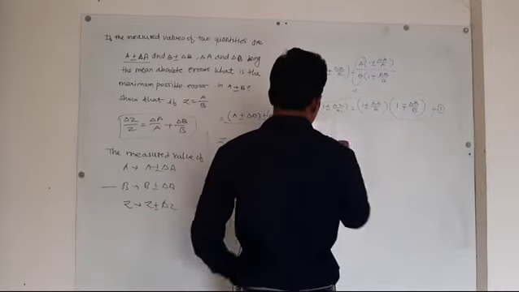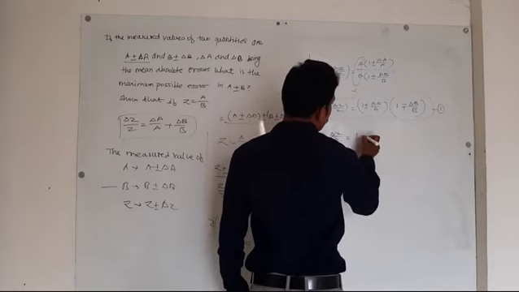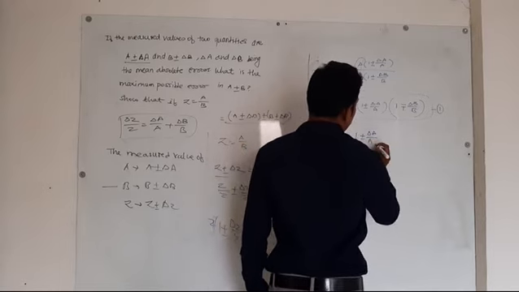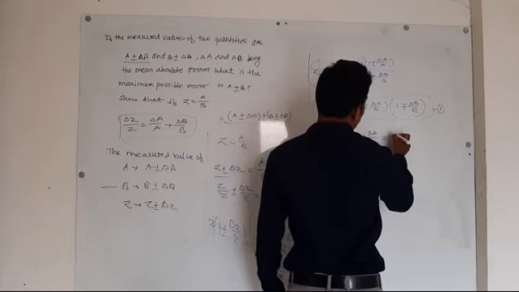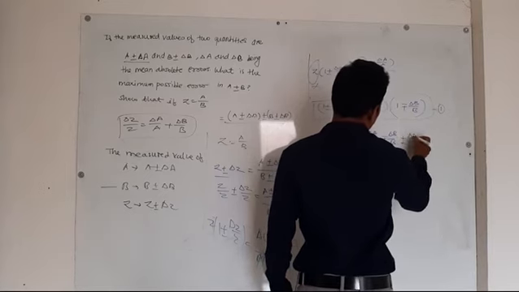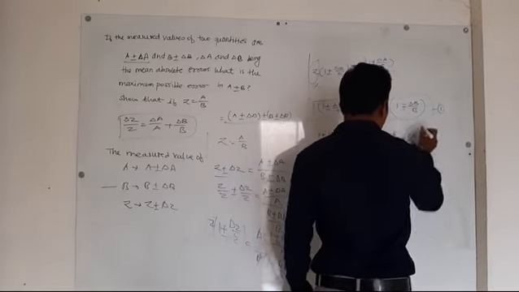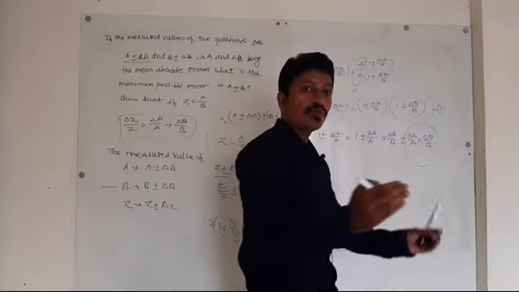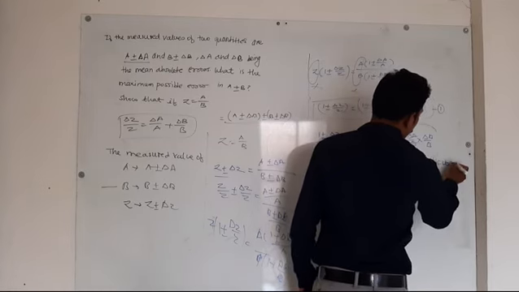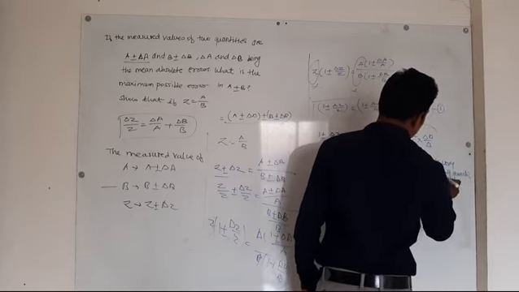Student, 1 plus or minus delta Z upon Z is equal to 1 plus or minus delta A upon A, minus or plus delta B upon B, plus or minus delta A upon A into delta B upon B. This term, delta A upon A into delta B upon B, is a very small quantity and it is neglected.